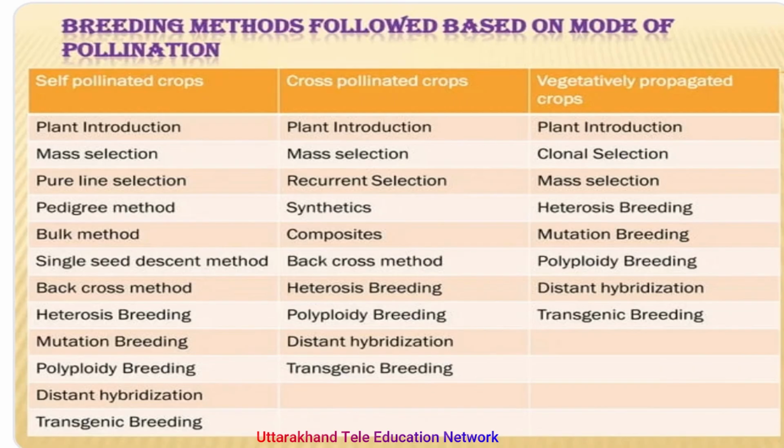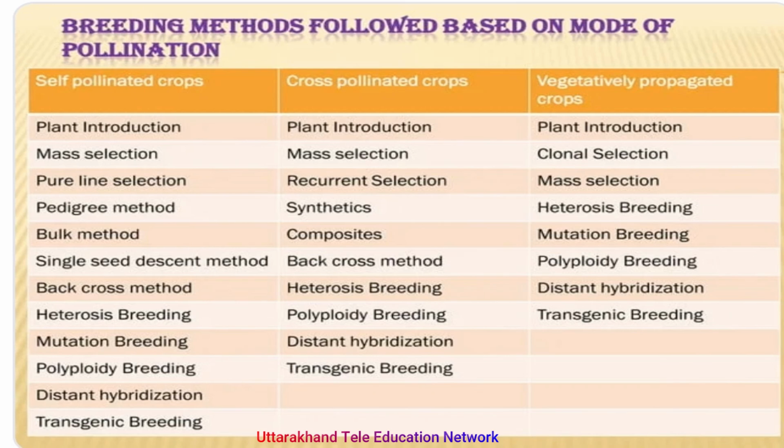Self-pollinated crops use plant introduction, mass selection, pure line selection, pedigree method, bulk method, single seed descent method, backcross method, heterosis breeding, mutation breeding, polyploidy breeding, distant hybridization, transgenic breeding.